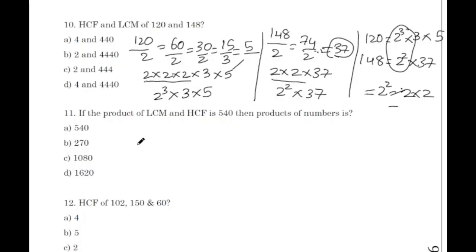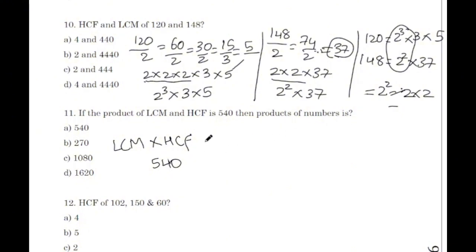So this is the easiest, like they've already given the answer. The product, the multiplication of LCM and HCF, is how much? It is 540. And what they have asked us to find is the product of the numbers.